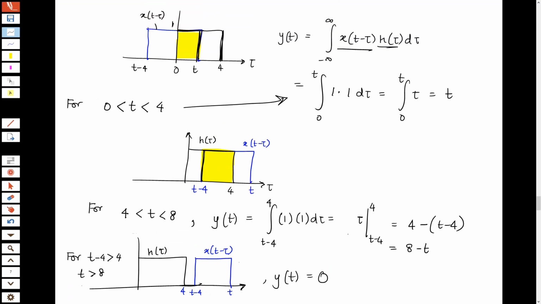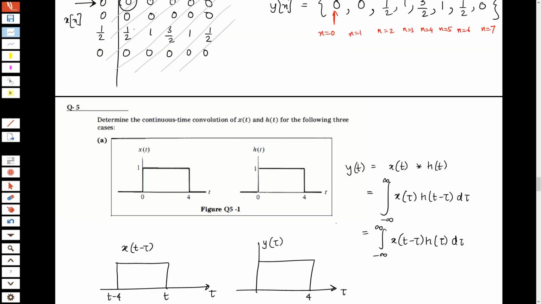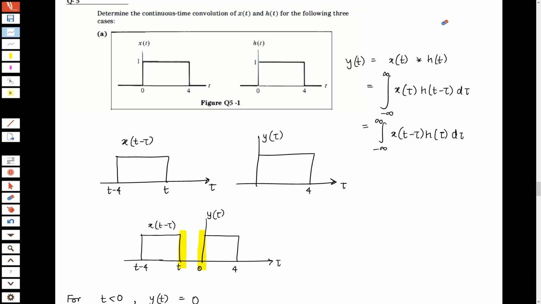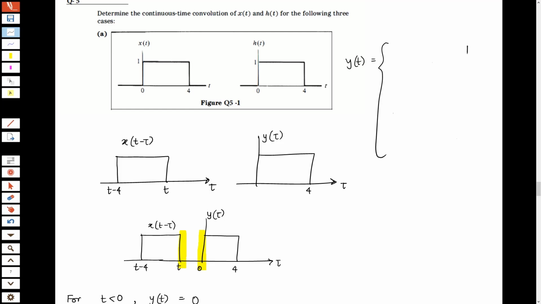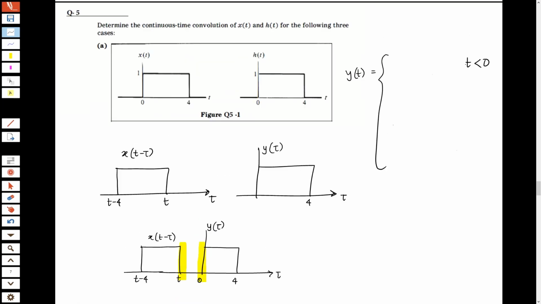It's always very important that for questions of convolution, you summarize your solution properly. So let us write it in one place. What is y(t) for different cases? For t less than 0, y(t) is equal to 0.